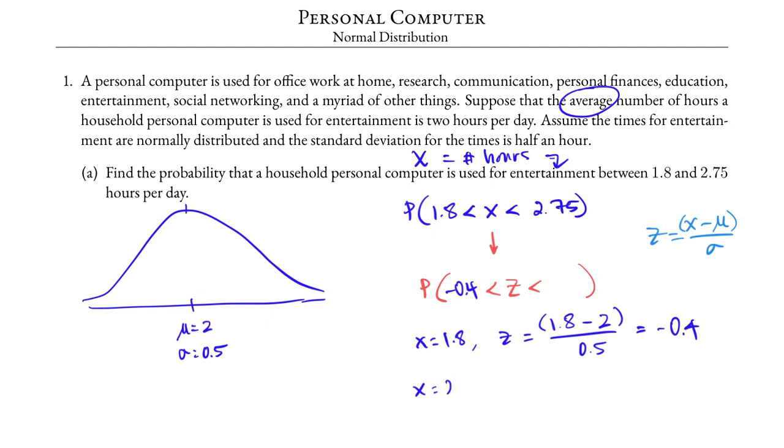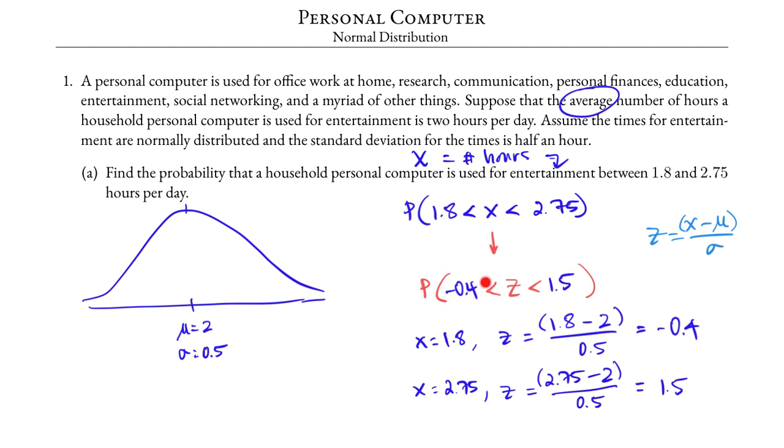For x equal 2.75, the corresponding z-score is 2.75 minus 2 divided by 0.5 because the mean is 2 and the standard deviation is 0.5. This will give us 1.5. So 1.5 goes there.